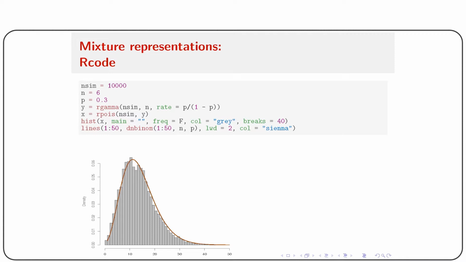and then finally x equals rpois(nsim, y). The histogram shows the random variables generated by the user-defined function, and the line shows the actual negative binomial distribution.